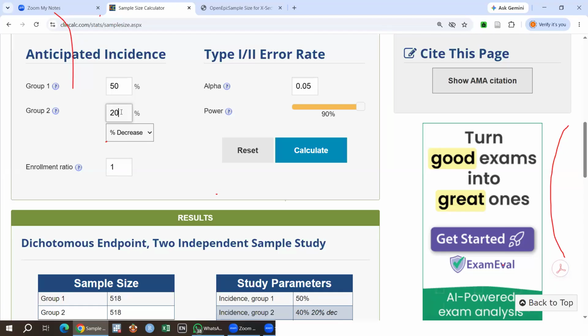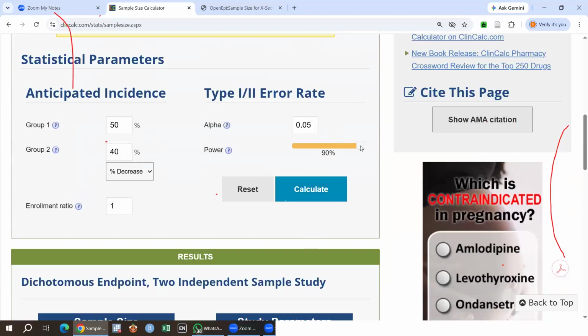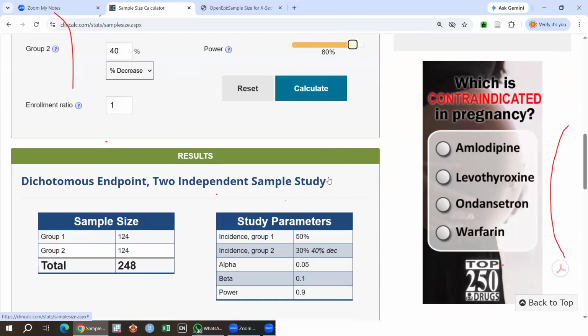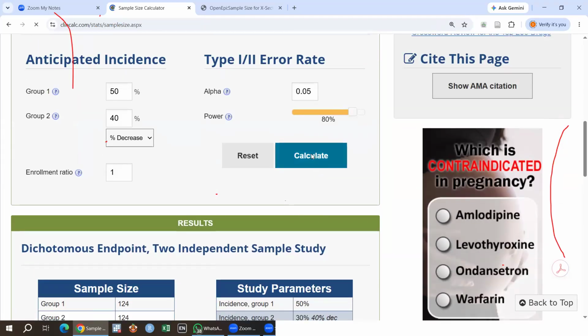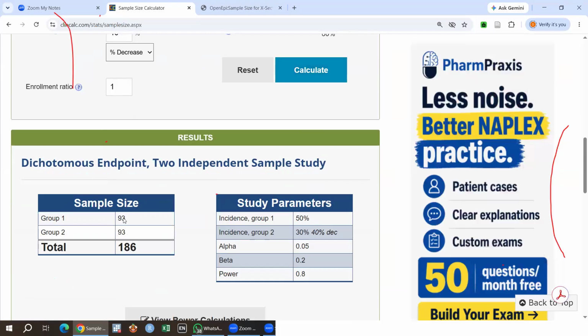So if I want to go from 50 to 30, suppose in the control group it is 50, and in the intervention group it is 30%. Can anybody tell me what the percentage decrease will be if we want 30%? So I think it is around 40% decrease. Okay, then calculate the sample size. Then make it 80%, then calculate the sample size. It will be 93, 93. Earlier it was 93, 93.